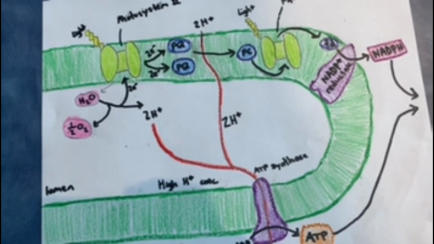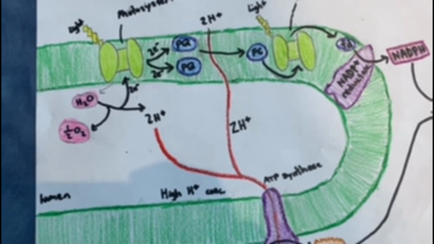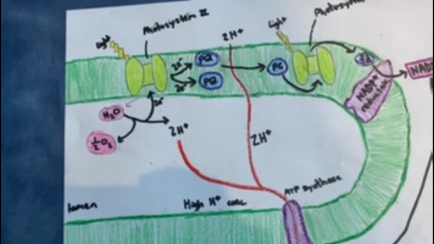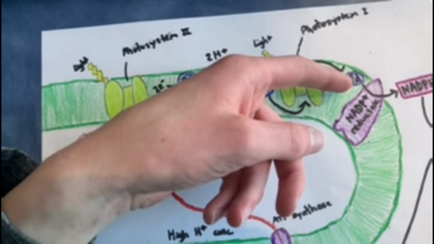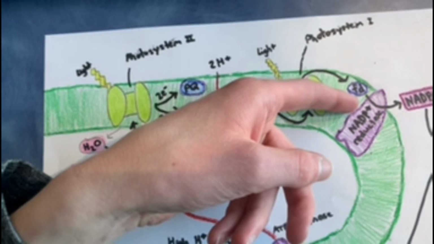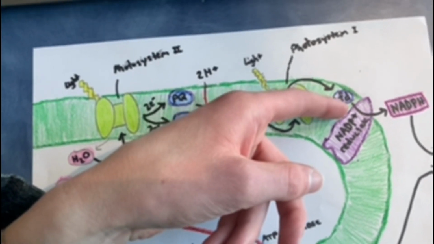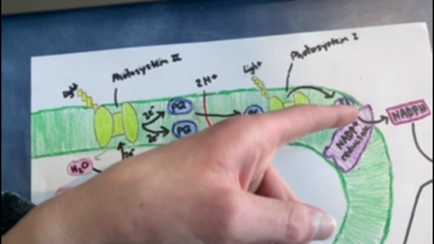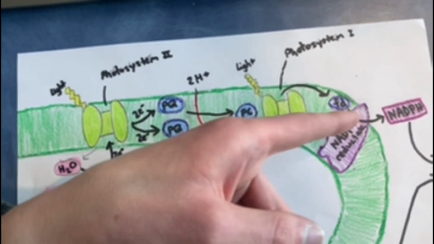After this occurs, NADPH is formed. This happens when the 2 molecules of reduced ferredoxin are used, and NADP plus is reduced when it goes through NADP plus reductase.